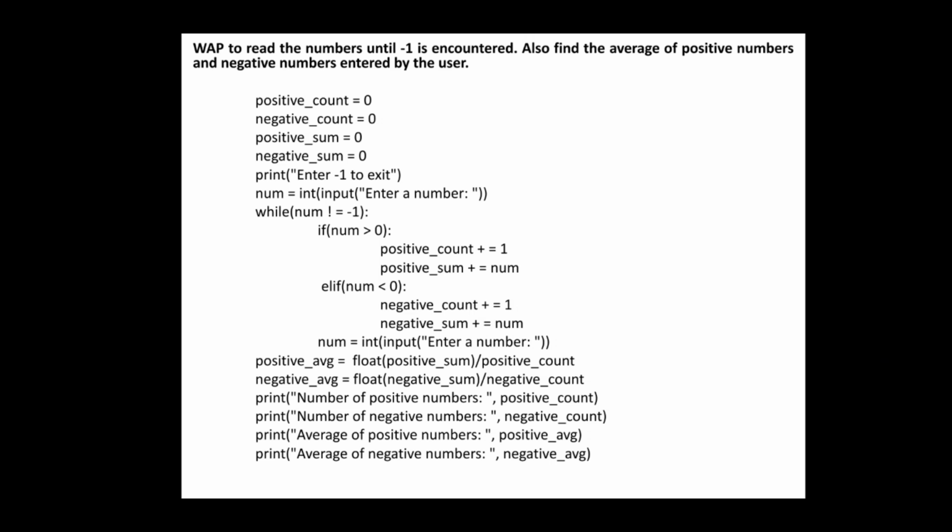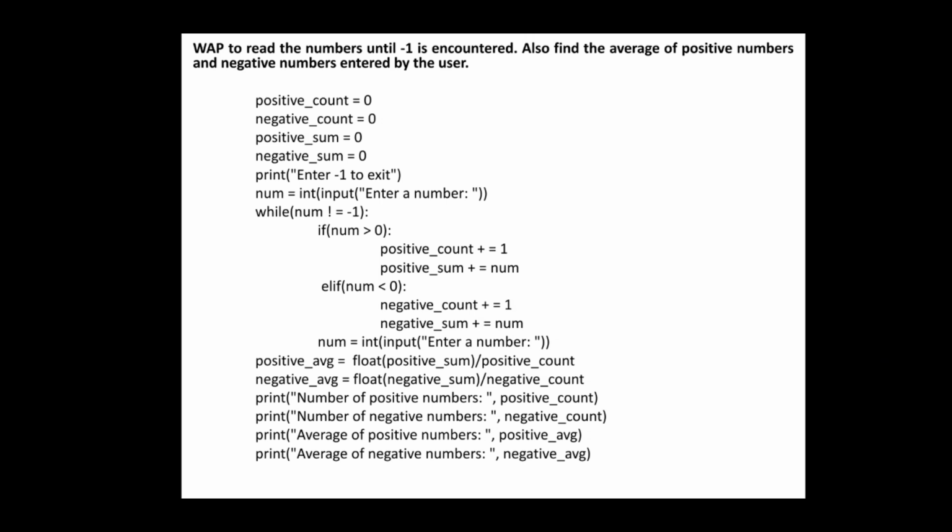Then enter a number from the user, we consider 7. So 7 not equal to -1, true. Now 7 greater than 0, true. So positive count is incremented to 2 plus 1 equal to 3. Now positive sum, previously it was 11, plus 7 equal to 18.